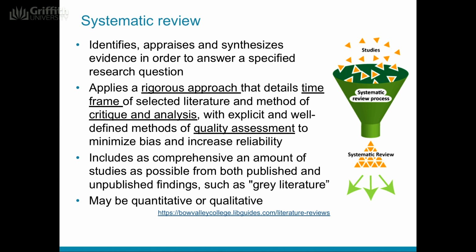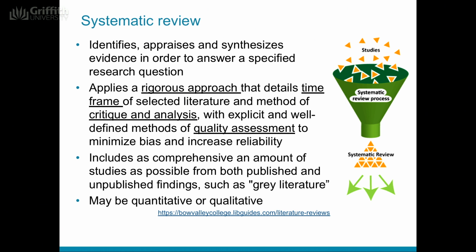Now, a systematic review is a far more formal and rigorous process. Again, we're identifying and appraising evidence, but here we're really rigorous. We're specifying the time frame of the literature.